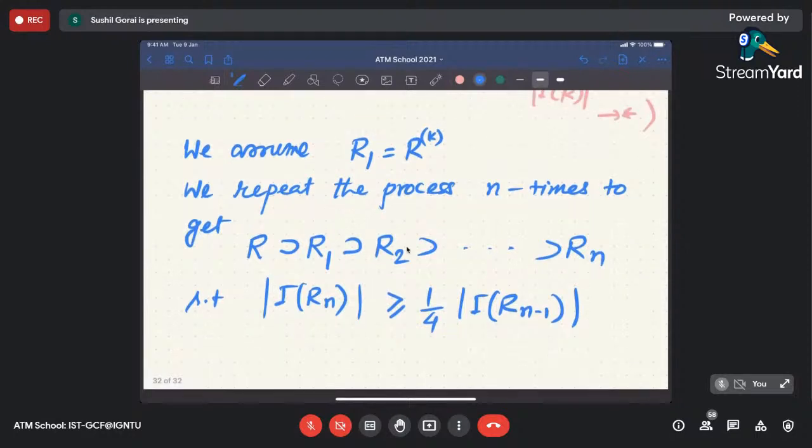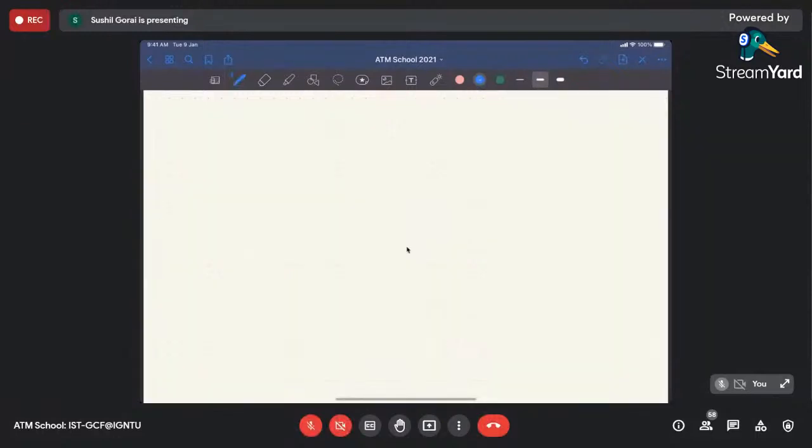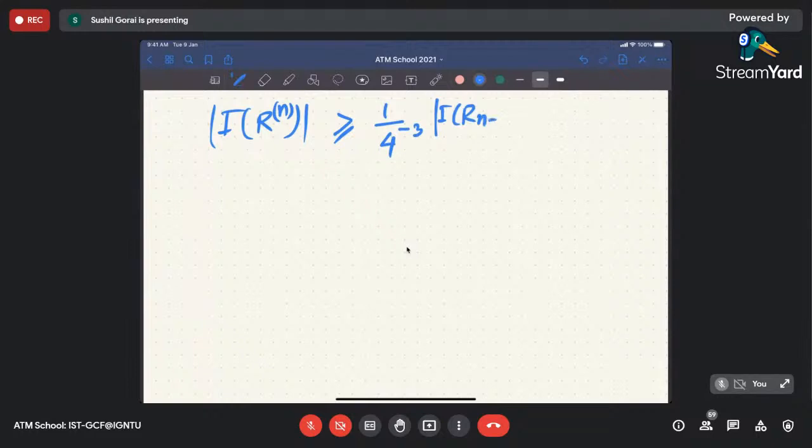Which means it will have 1/4 squared I R n minus 2, and so on. So this gives IR n greater or equal to 1/4 to the power 3 I R n minus 3, and so on.